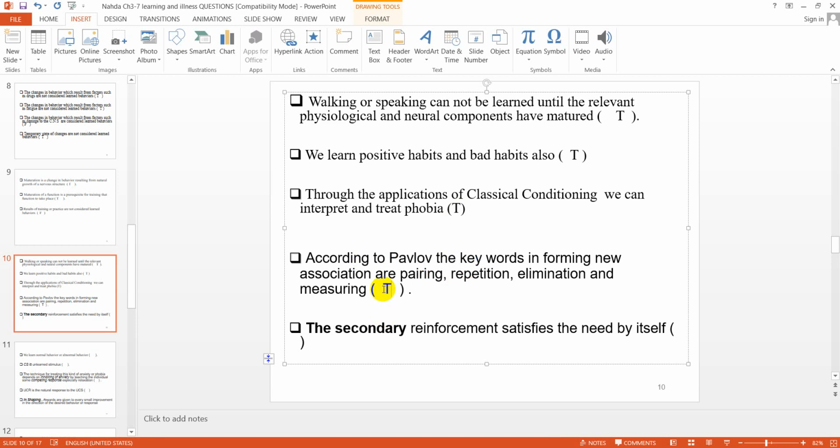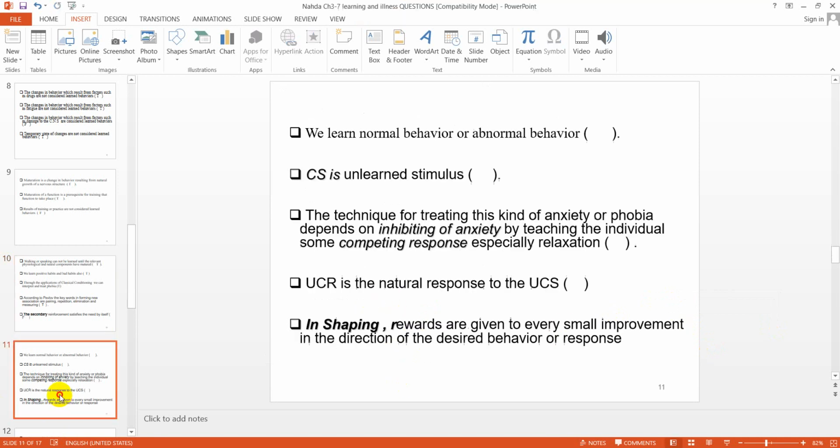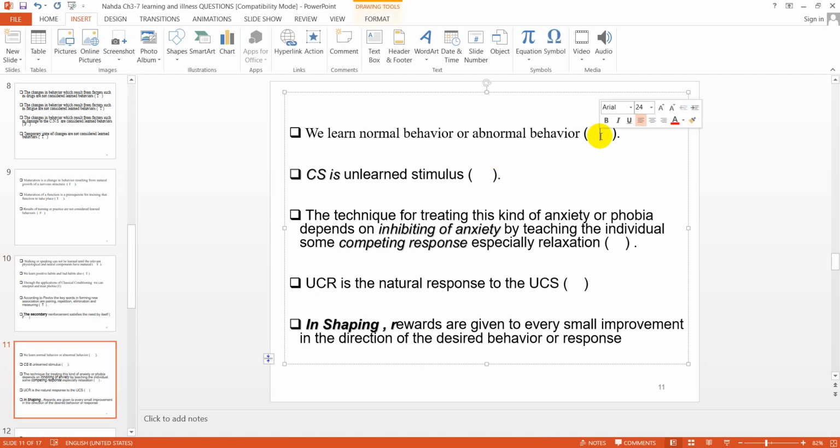The secondary reinforcement satisfies the need by itself. No, the primary. False. We learn normal behavior or abnormal behavior. Yes, true.